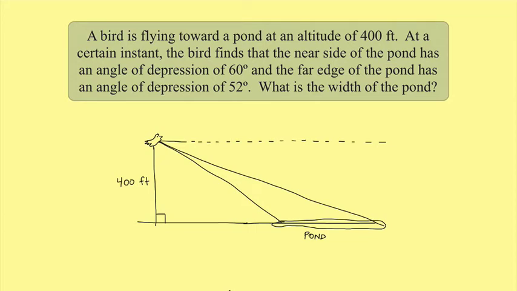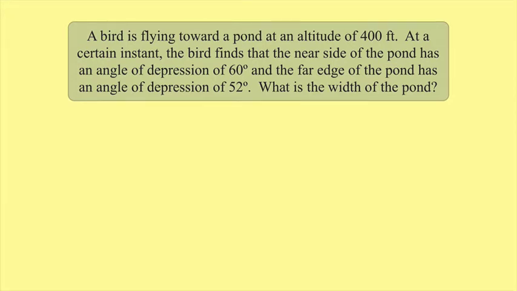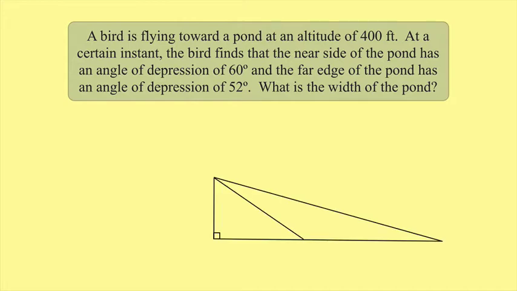Now I'm going to turn this into something a little bit neater and label everything that I know. They tell us that the bird's flying at an altitude of 400 feet, so this side over here is 400 feet. And then the angle of depression from the far edge of the pond is 52 degrees, so that must be the angle up here.